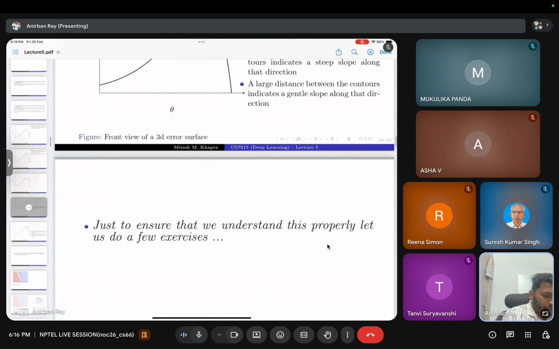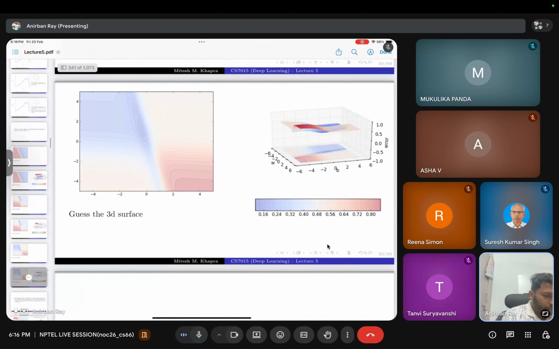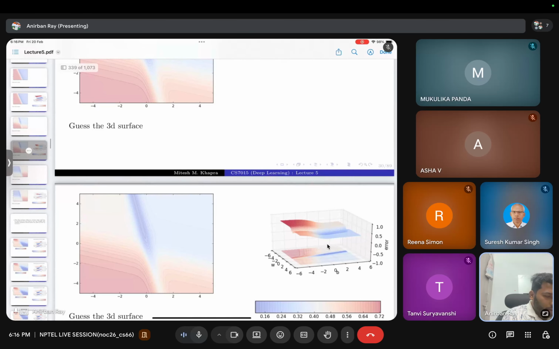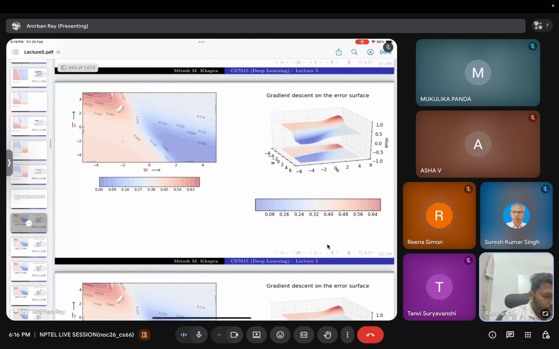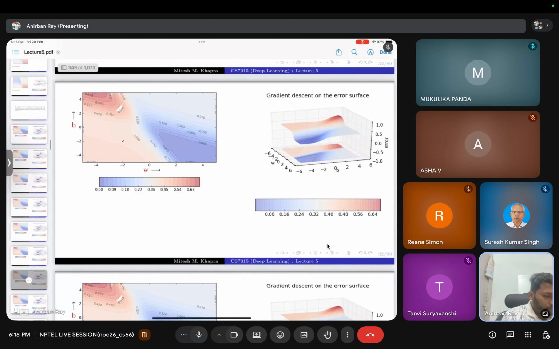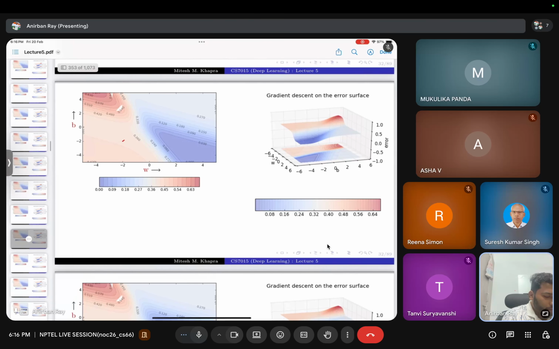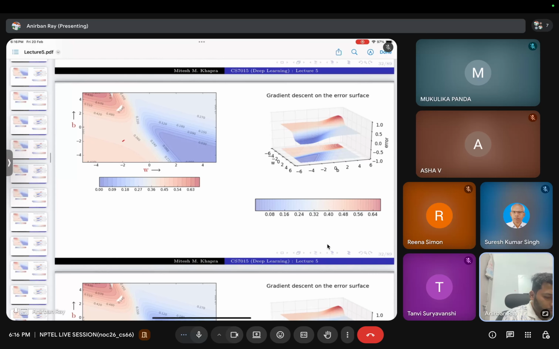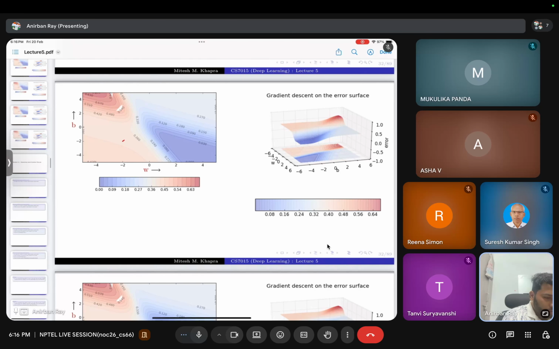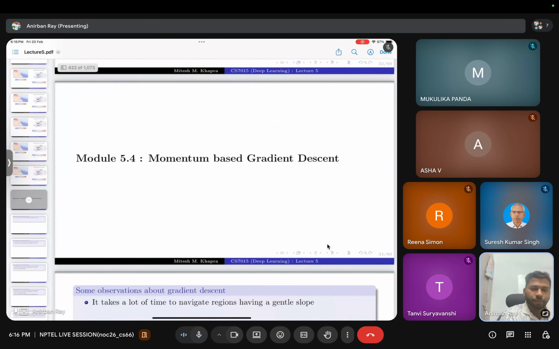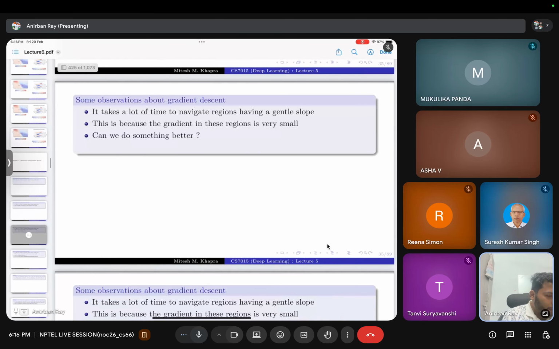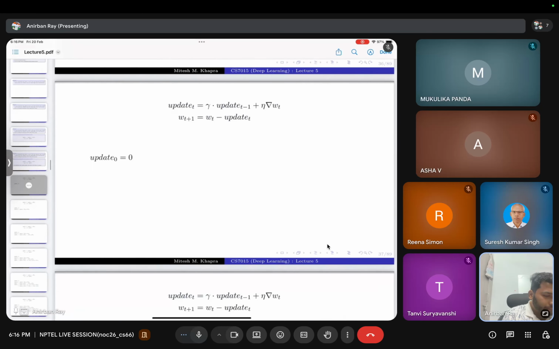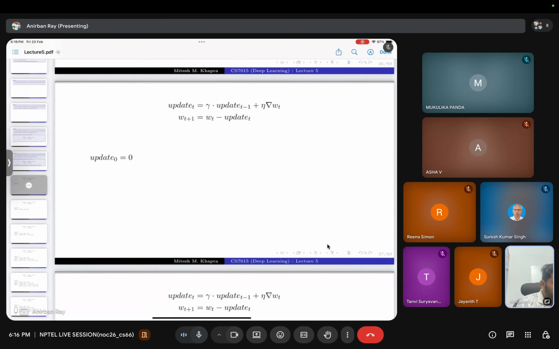In this, as you can see, he was showing these surfaces. Momentum based gradient descent we are looking at, and this is our update rule.